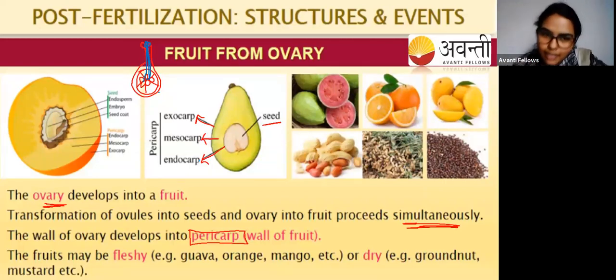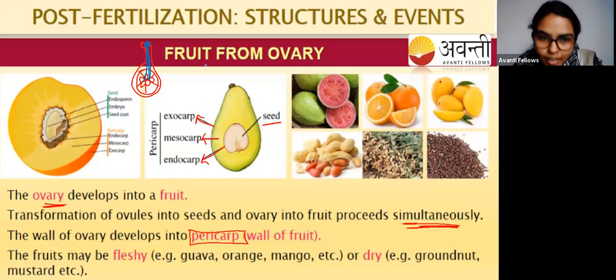Like this, all the pollen grains will contribute the male gametes and simultaneously सारे वो fertilize हो जाते हैं. In case one or two ovules do not fertilize, they remain like that only, and the other three or four get fertilized. उस time पे this gynoecium will not wait for the fertilization, it will start to develop.